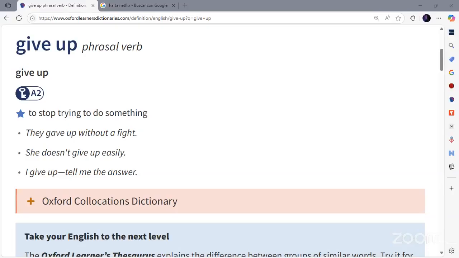I gave up trying to change people's attitude. Yes, good job. That's a good example. I gave up trying to change people's attitude. It's so exhausting. It's never helping. Good job.